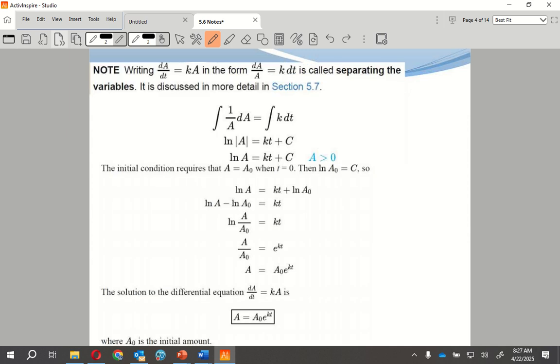To go from the rate of change, we integrate both sides, and that's what we're going to do next unit, separating variables, but it's going to come down to this. This is the math behind growth and decay. A is equal to A sub naught, my initial condition, times e to the kt, where k is the rate and t is how much time we're going to have.